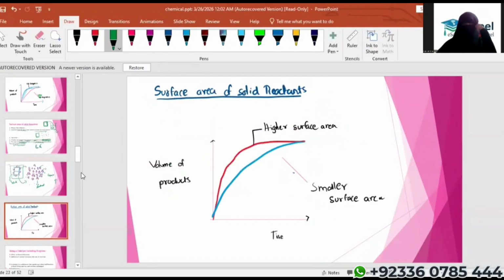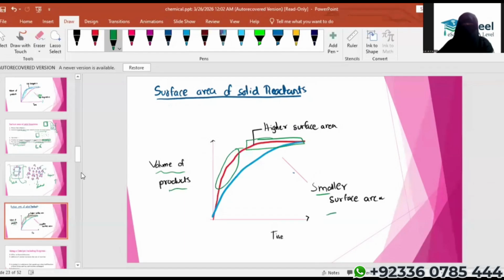Now, if you were to plot the graph, you can see that you have a similar graph to the previous one. You're going to collect the volume of the products. For higher surface area, there is a steeper gradient which levels off at a faster rate because all the reactant particles have been used up in the reaction.